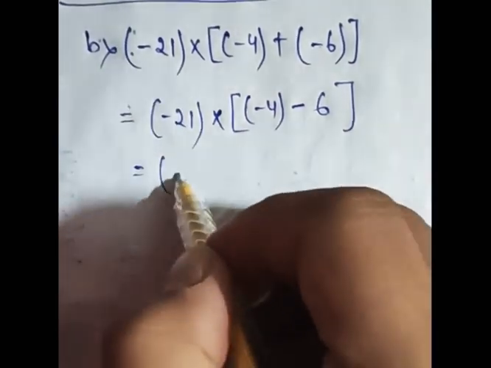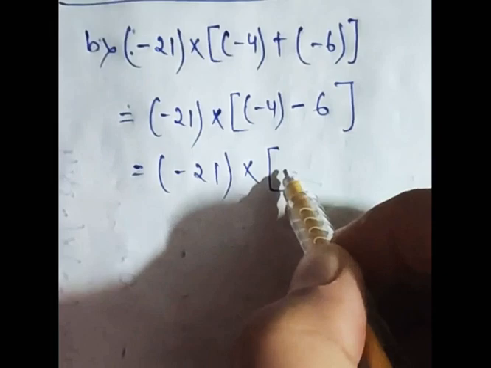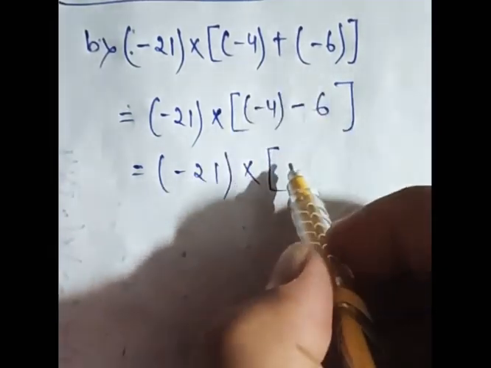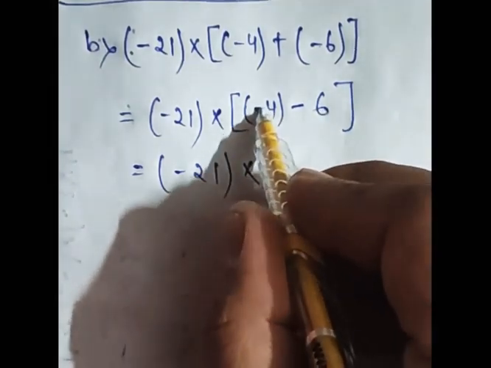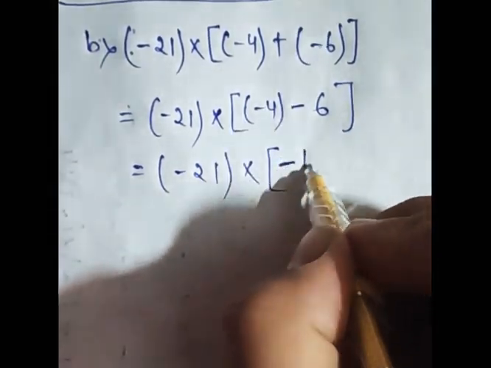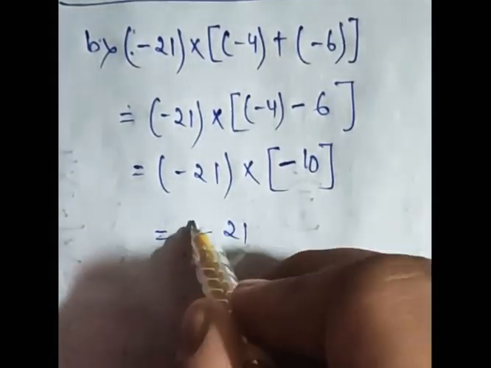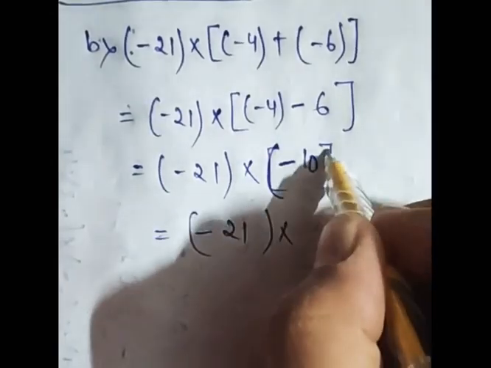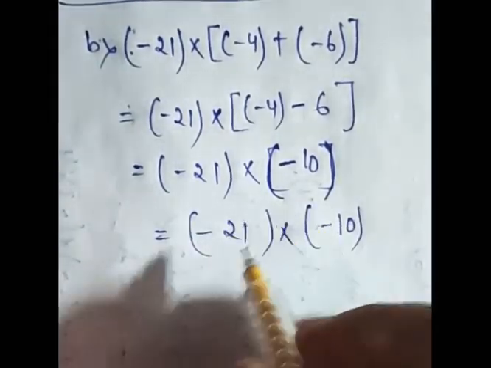Again, minus 21 inside the bracket, it is minus 4, minus 6 is there, right? So what will be there? Sign will be minus, so it will be minus 10 here, equal to minus 21 into minus 10. Sorry, I have written the step again.